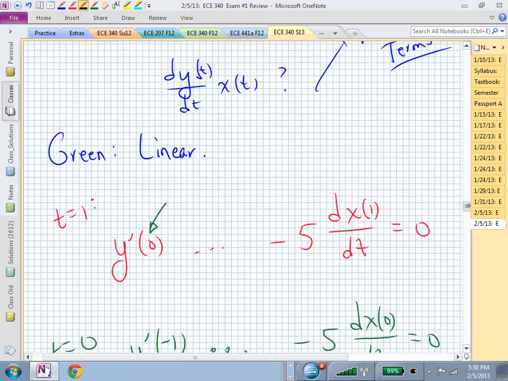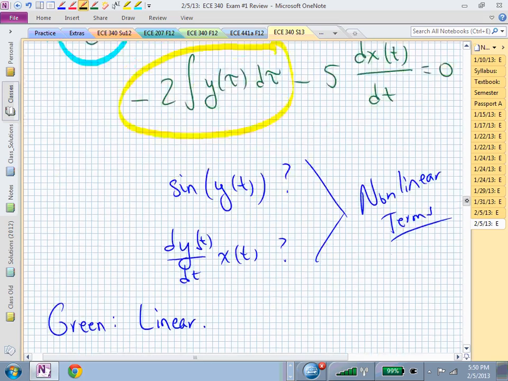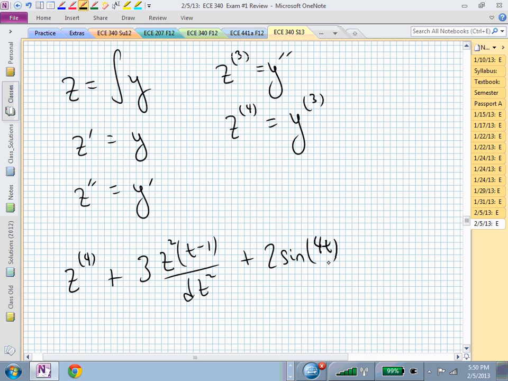Then I had plus 2 sine of something, 4t, y, but y is z prime of t. Oh, I'm doing pretty poor on this, aren't I? So now I'm going to really get you confused on squaring and not squaring.